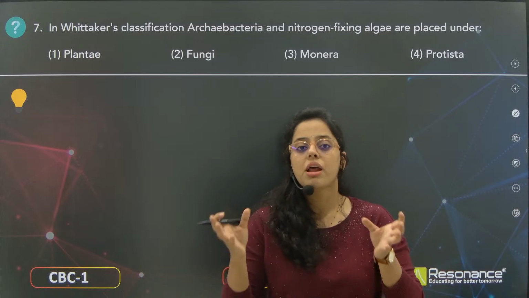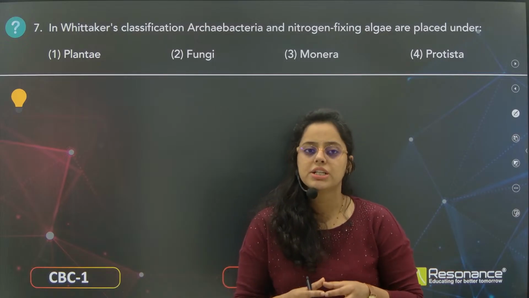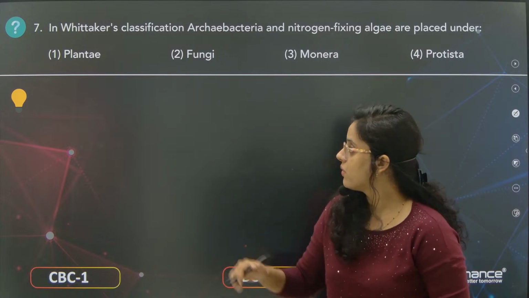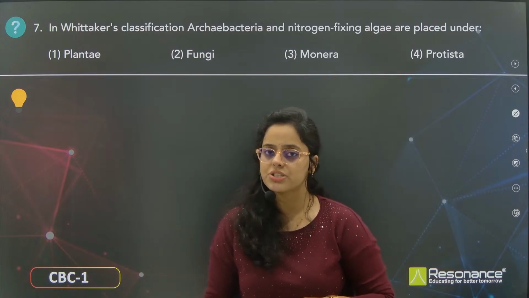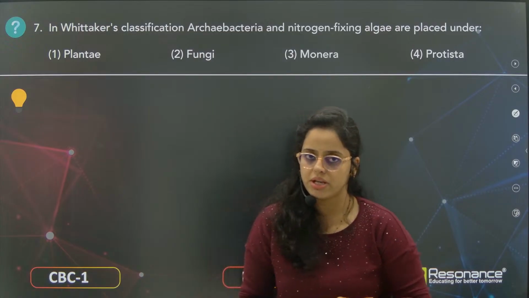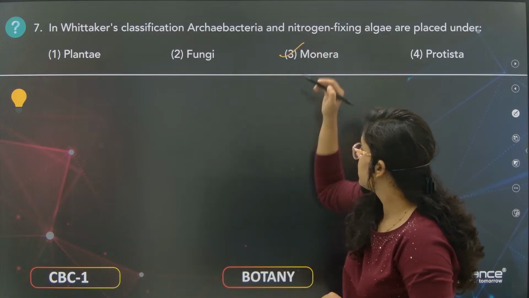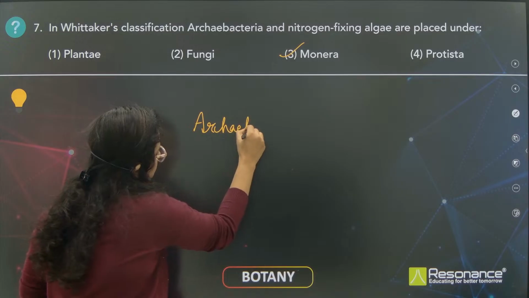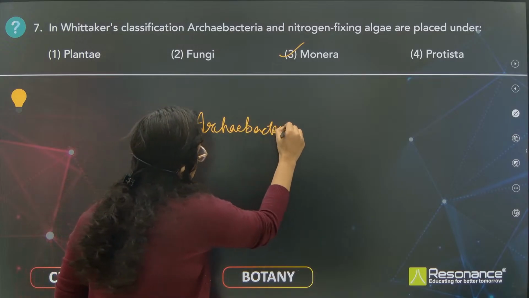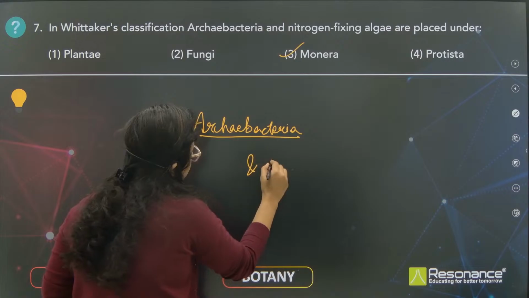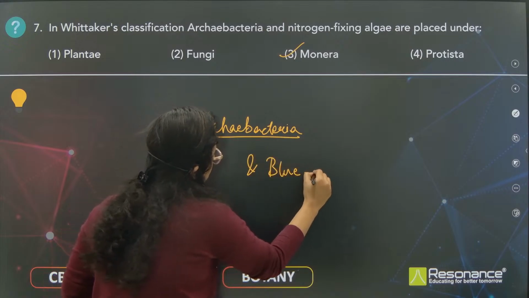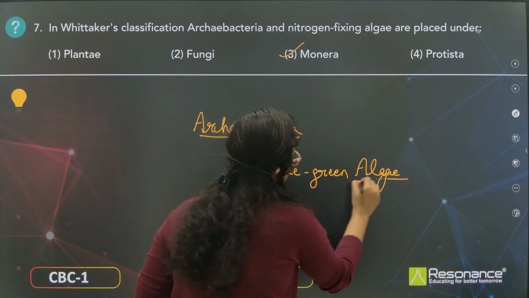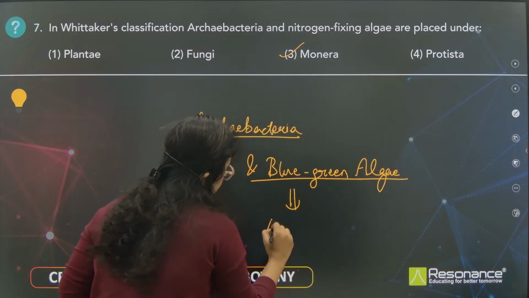But these two are placed by Whittaker in one kingdom, that is Monera. Why? Because they both have prokaryotic cellular structures. That's the reason they are placed in Monera. So here our answer is going to be Monera. Both archaebacteria and blue-green algae are placed under Monera.